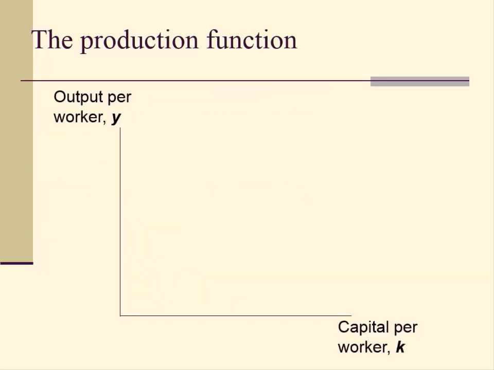Now this is the plot of the production function, that is output per worker, as a function of capital per worker. And if you plot it, you'll see that the function exhibits diminishing marginal product of capital. That is, the slope is getting flatter as capital per worker increases.